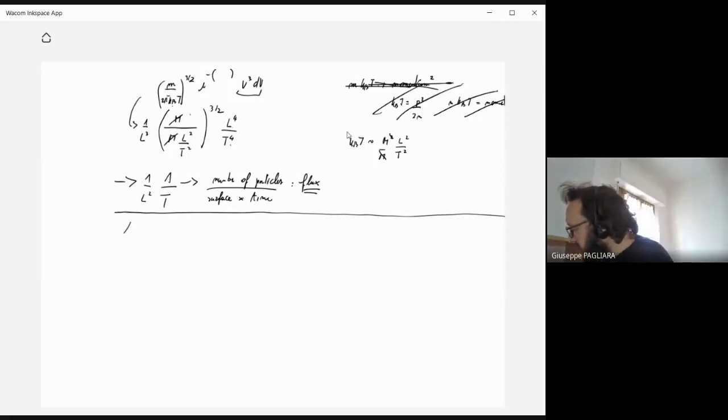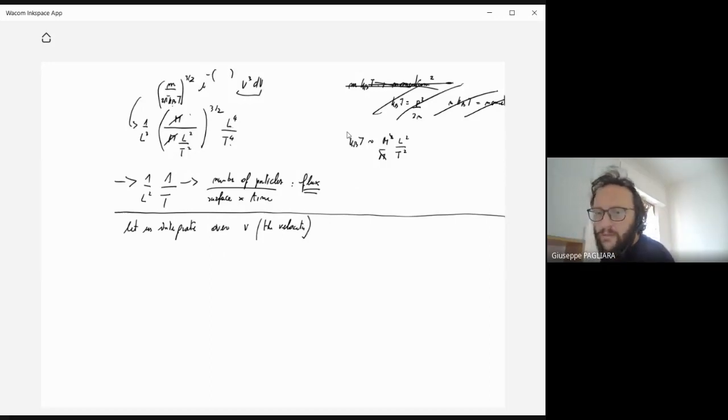So now let us integrate over v, the velocity, to obtain the total flux, so integrated over the velocity, which is something that is useful.